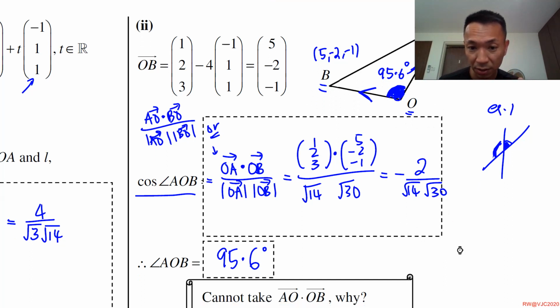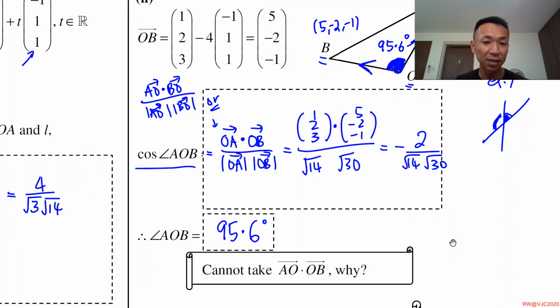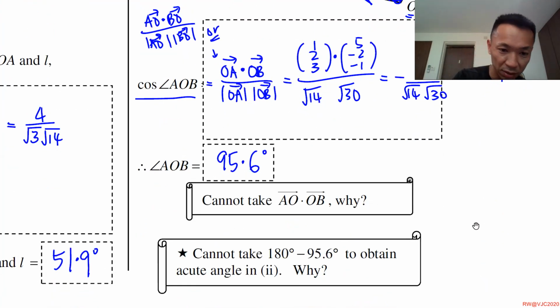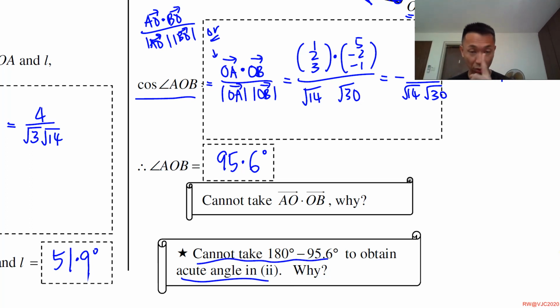Alright? Next, there's a point that you cannot take AO dot OB. Why? Because they are not both outward facing or inward facing. Correct? This is the point that I was trying to make. Cannot. Please don't. You know why, and I hope that you don't make the mistake.